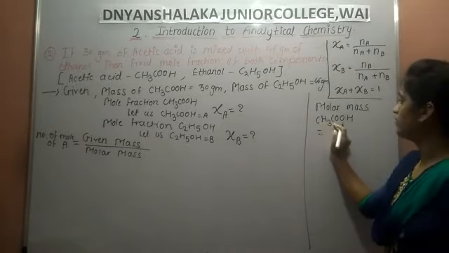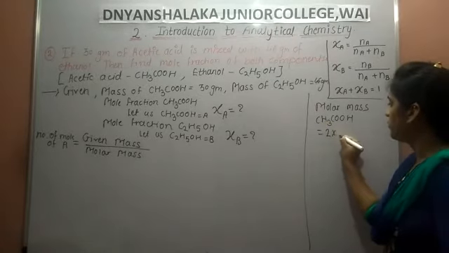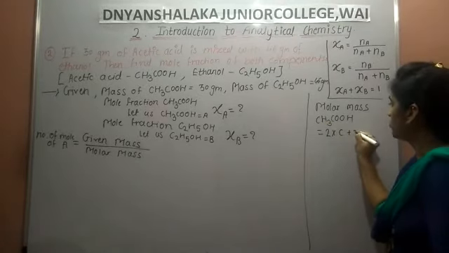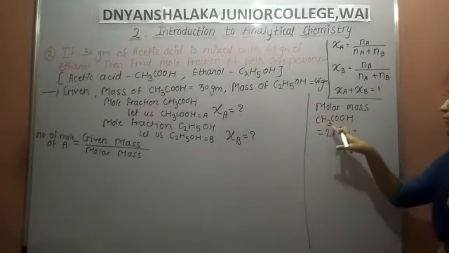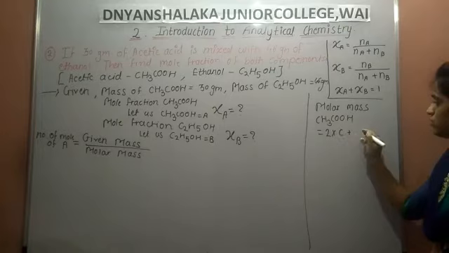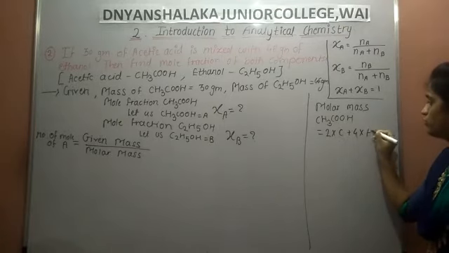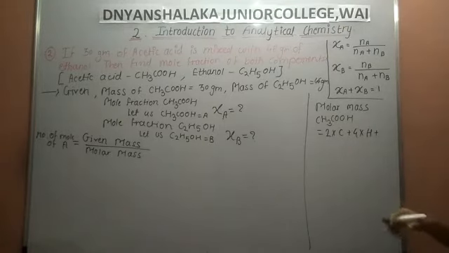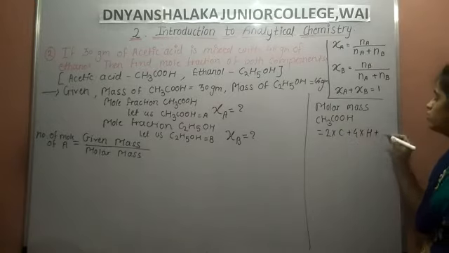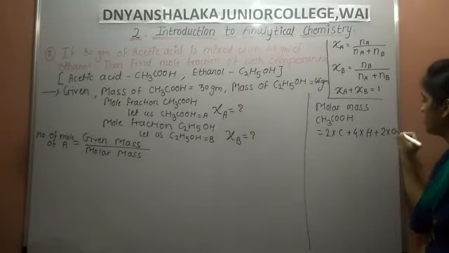This one is 1 and this one is 2, so 2 atoms of carbon. So 2 into atomic mass of carbon plus hydrogen. How many atoms of hydrogen are present in acetic acid? 3 plus 1, 4. So 4 into atomic mass of hydrogen, plus how many atoms of oxygen? 2. So 2 into atomic mass of oxygen.